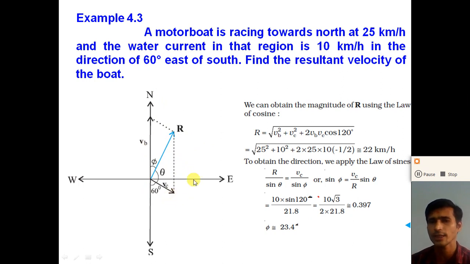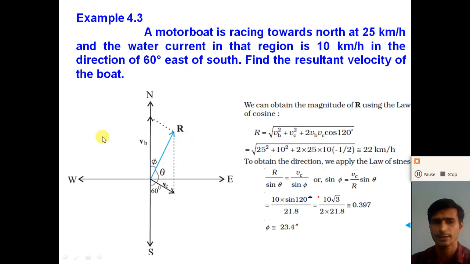Using the cosine law, we can calculate the magnitude of the resultant vector, and using the sine law we can calculate the direction of the resultant vector with any one vector. Using the cosine law, R is equal to the square root of A square plus B square plus 2AB cos theta.